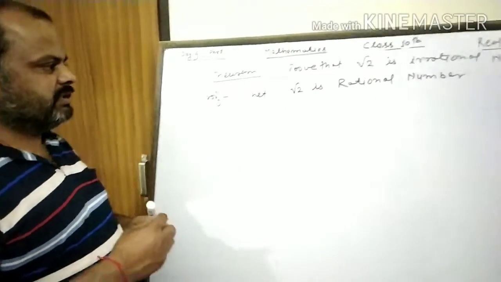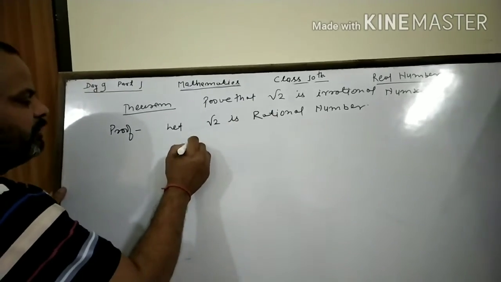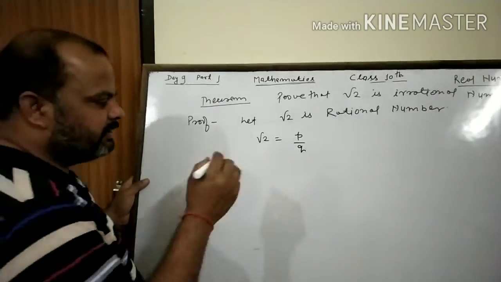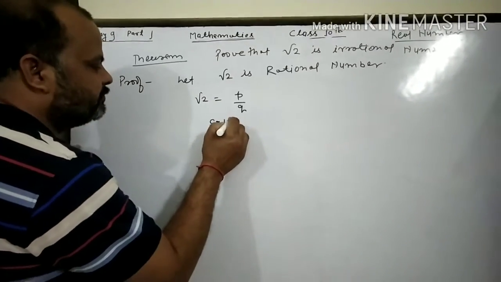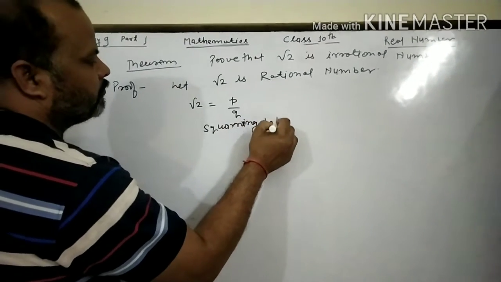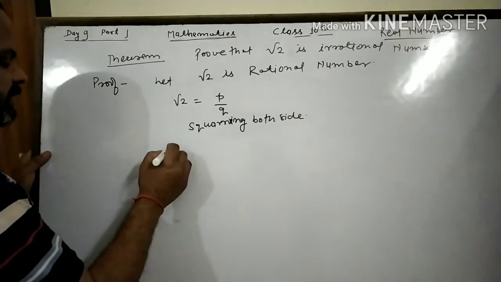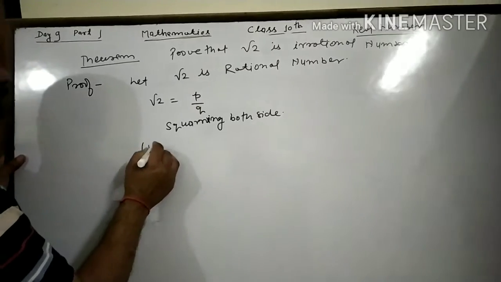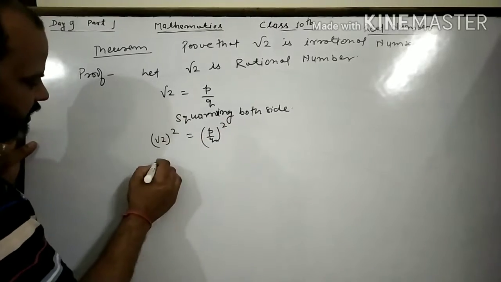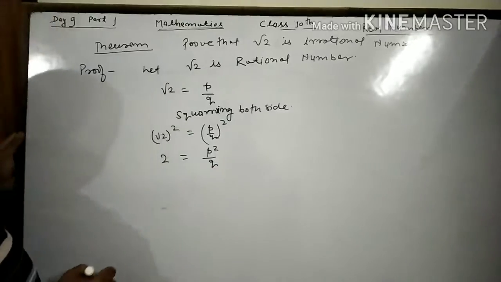Doing the same process, here we consider let root 2 be a rational number. That means root 2 is equal to p upon q. Clear? Then after, what we can do is square both sides. Squaring both sides, root 2 squared is 2 and p square upon q square.